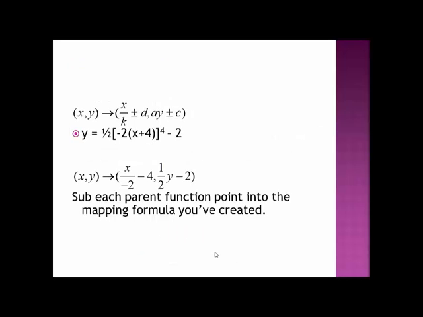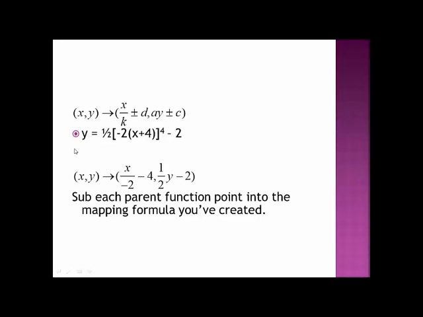So what we're going to do here, just make a general mapping. This is called a mapping diagram. We're going to take our initial point from our parent function, and in order to get the new point, we divide it by k, and then we're going to add or subtract the value of d. We're going to start with our y value. We're going to multiply it by a, add and subtract c.